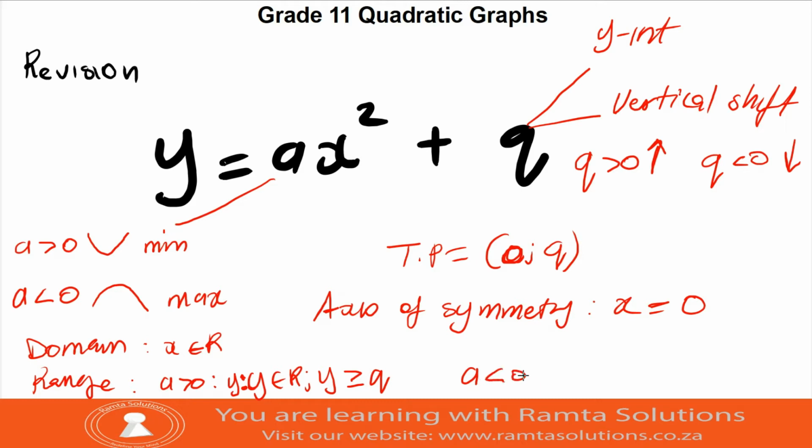When a was negative, you would say y is an element of the real numbers, and then y is less than or equal to q. Remember, we have a video on everything you need to know regarding grade 10 graphs, right?